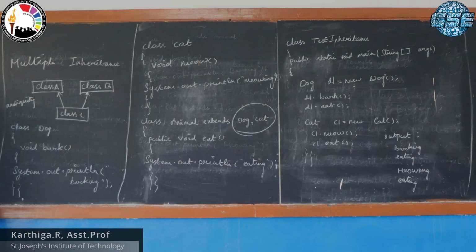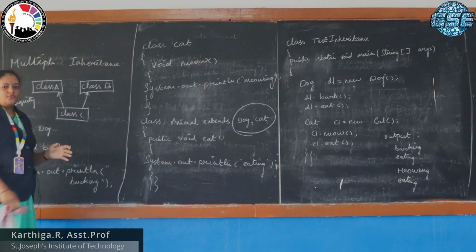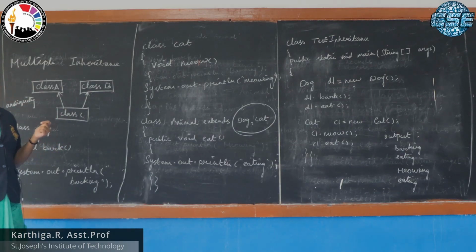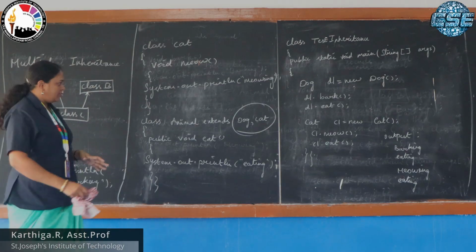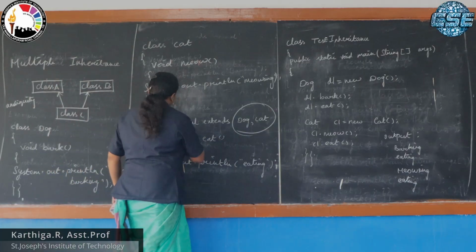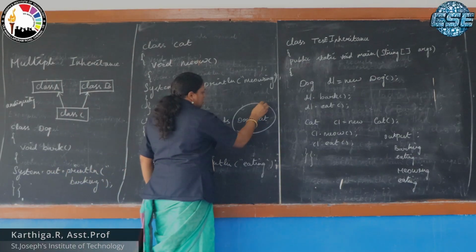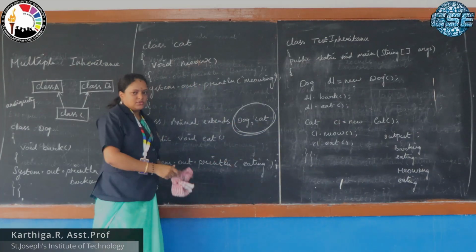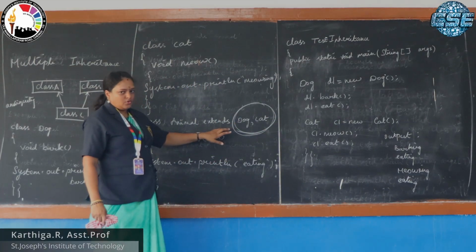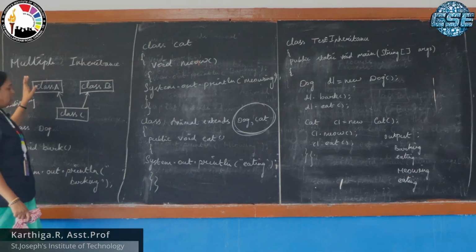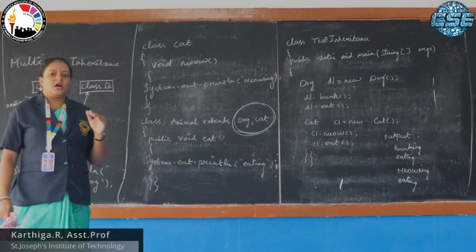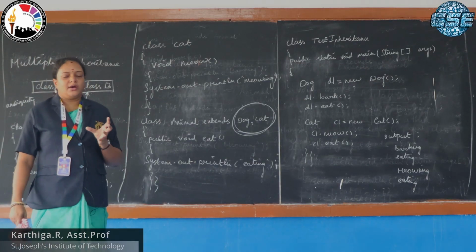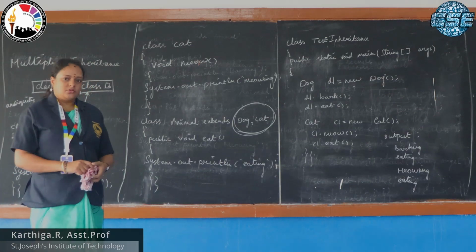Because of this problem, multiple inheritance is not supported by Java. So class Animal extends Dog and Cat will not be possible here. That's why multiple inheritance is not used in Java directly, but we can achieve multiple inheritance indirectly by using the inheritance concept.